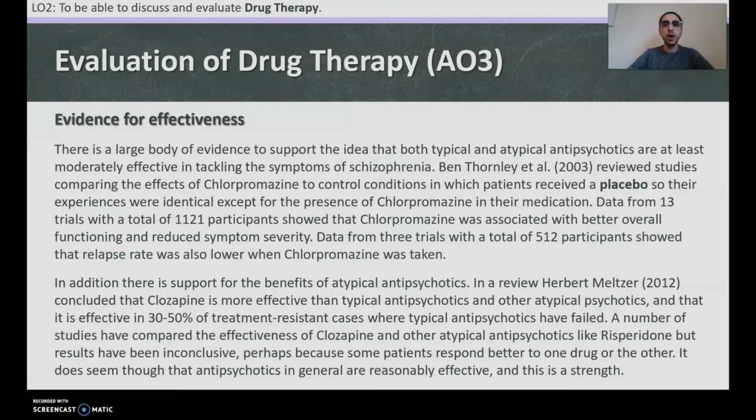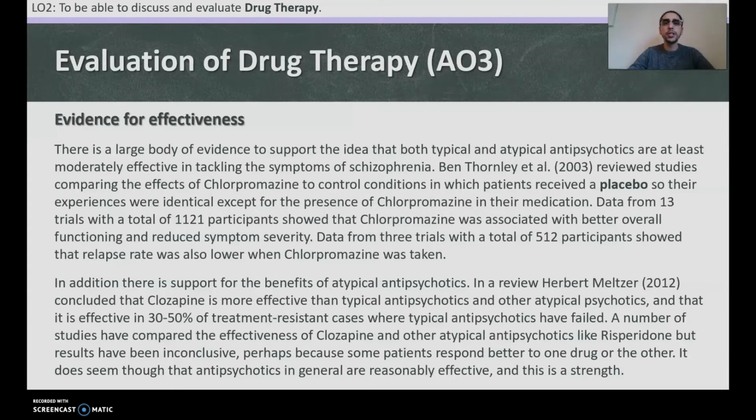Data from 3 trials with a total of 512 participants showed that relapse rates were also lower when chlorpromazine was taken. So it helps reduce the symptoms and improves overall functioning, and it also reduces the chance of a relapse. A relapse meaning that you have like a breakdown and possibly the symptoms become more severe, and it reduces the chance of a relapse as well, which is brilliant.